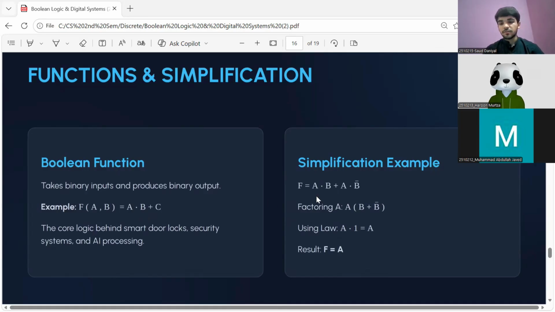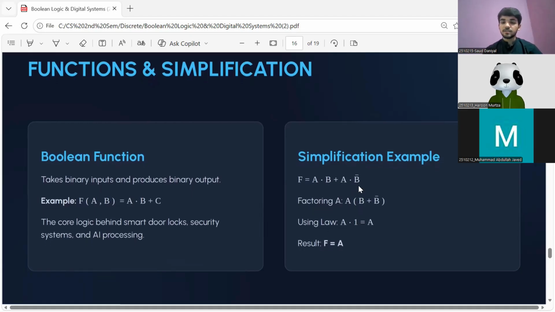We can also simplify Boolean functions with the help of laws like the complement law and identity law. For example, we have a function f equals a dot b plus a dot b complement. Here we can see there are four gates used. We can see that the two terms have something in common, which is a.